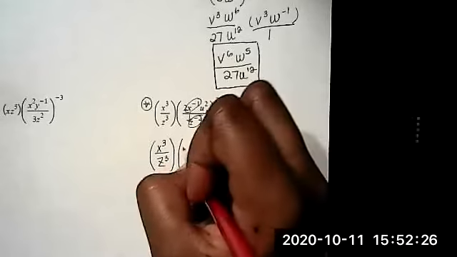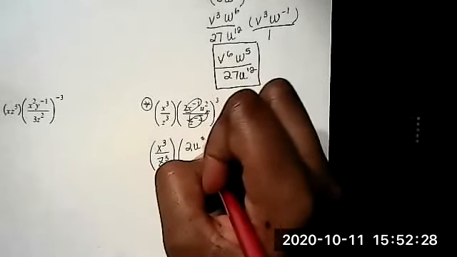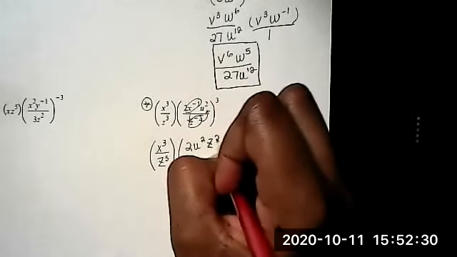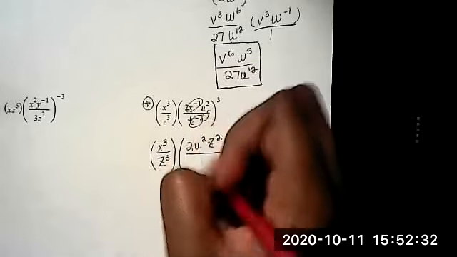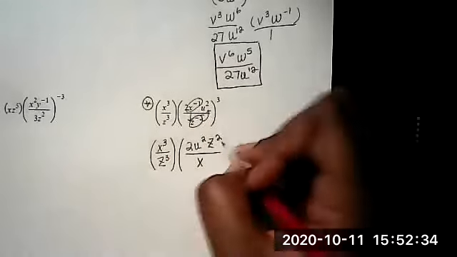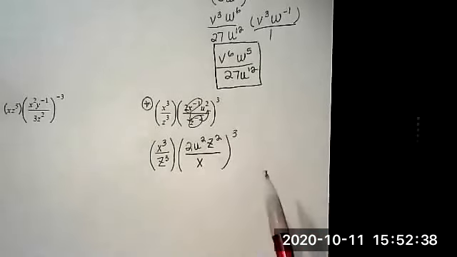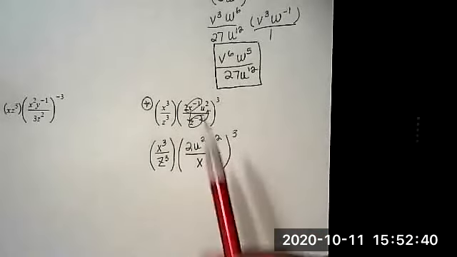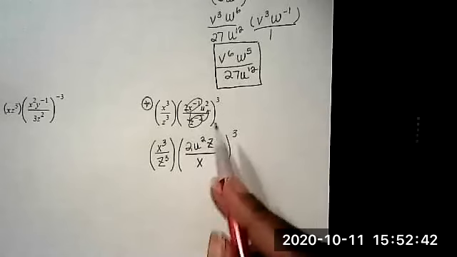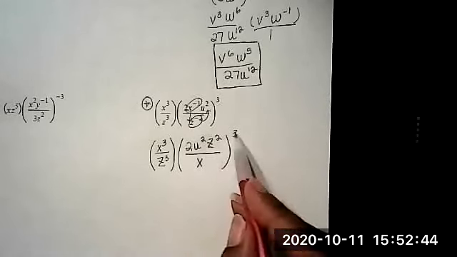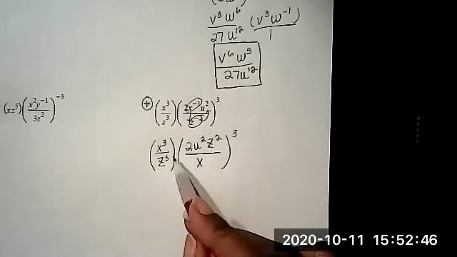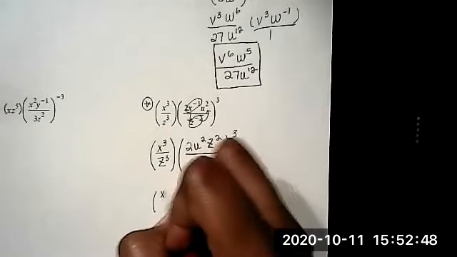This became now 2u squared z squared over x, the x to the negative 1 came down and became x positive 1. So that's the first thing I did. I got rid of the negative exponents. Now everything I can distribute, that cubed. I'm leaving this alone.